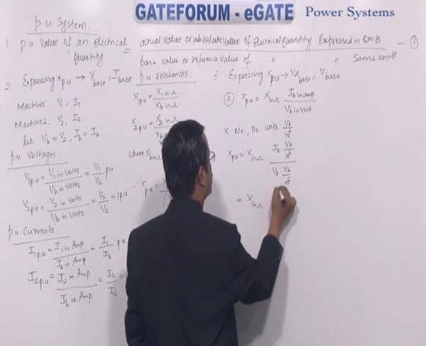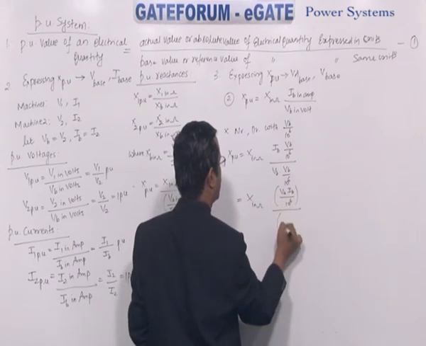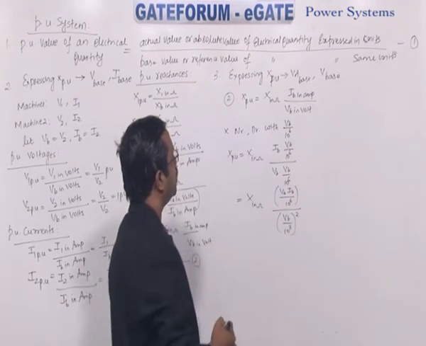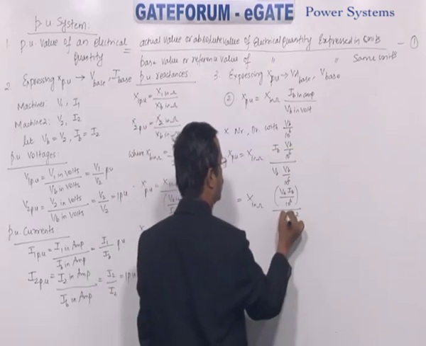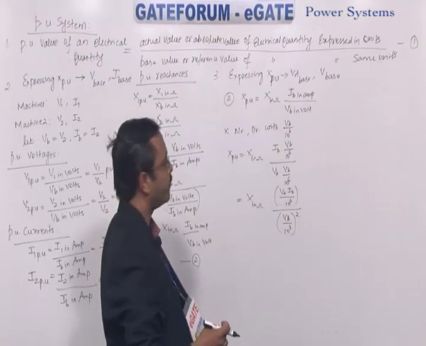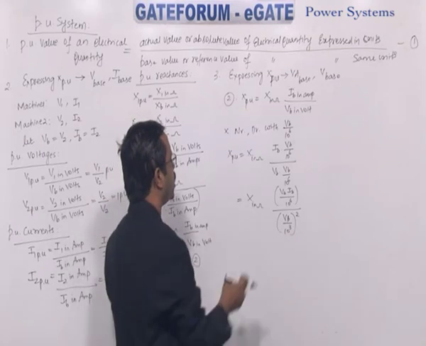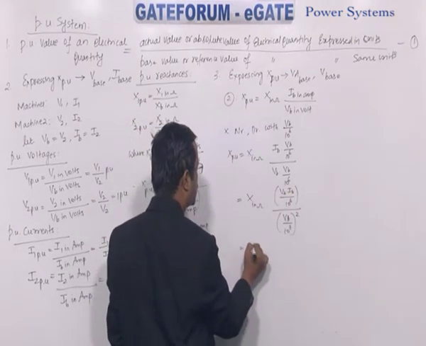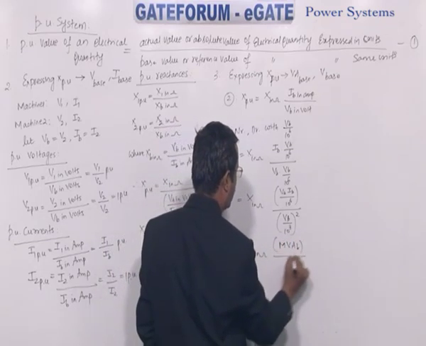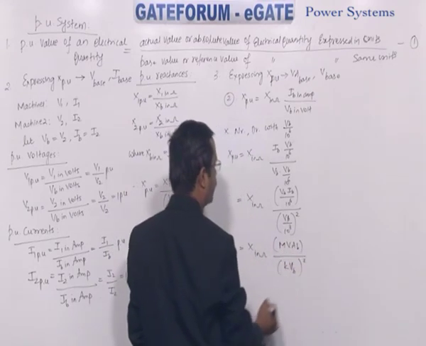So the reactance in ohms, VB IB by 10 power 6, here VB by 10 cube whole square. And what about VB IB by 10 power 6? It is the base MVA. What about VB by 10 cube? It is base kV.